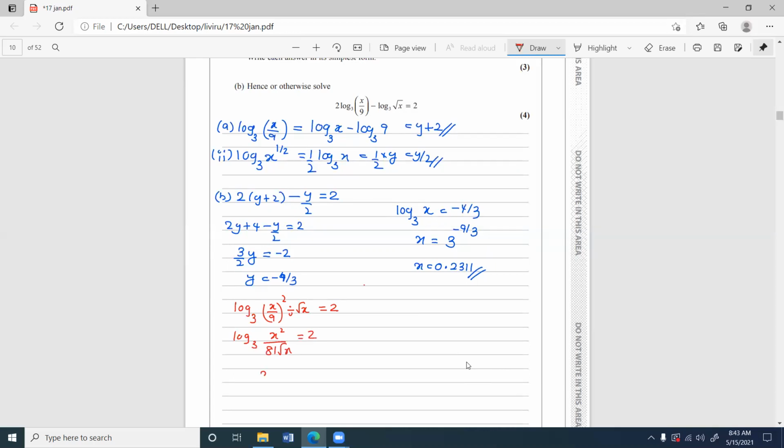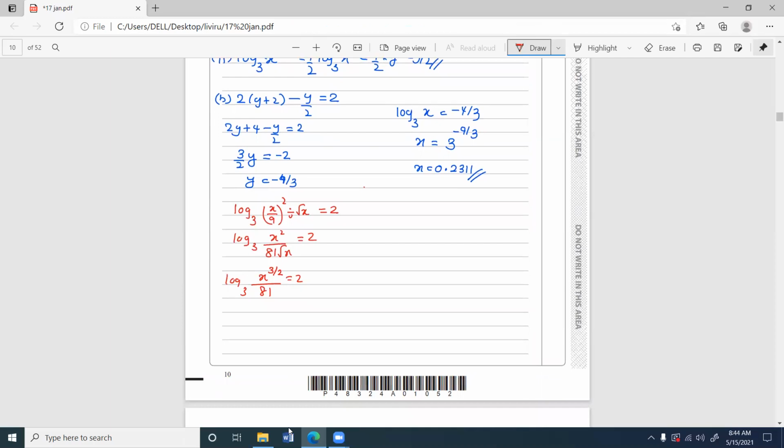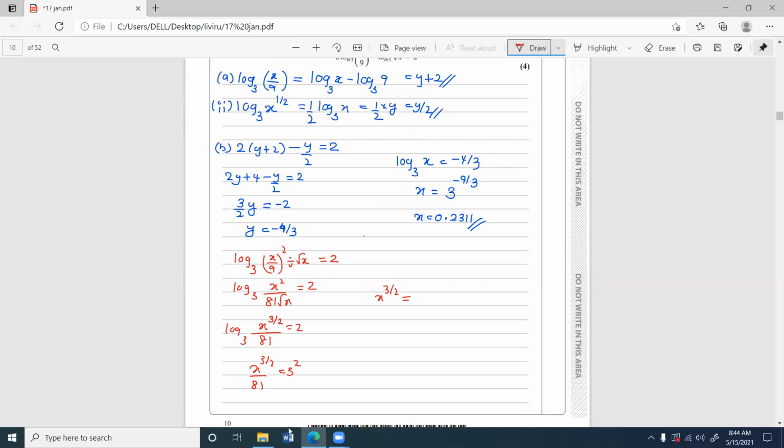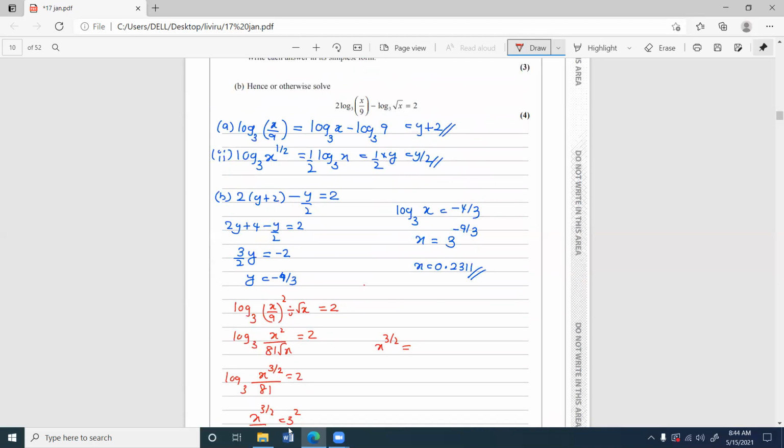So x squared divided by root x turns into x to the power 3 over 2, 2 minus half is 3 over 2, divided by 81, log 3 2. So x to the power 3 over 2 over 81 is equal to 3 to the power 2. So this is x to the power 3 over 2 becomes 9 into 81. Now it has become kind of a big answer. Have we made any mistake over here?